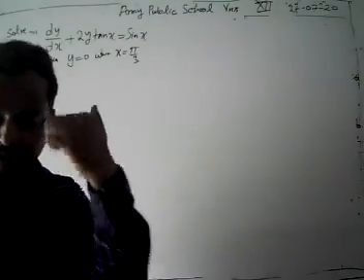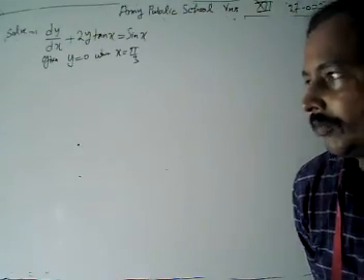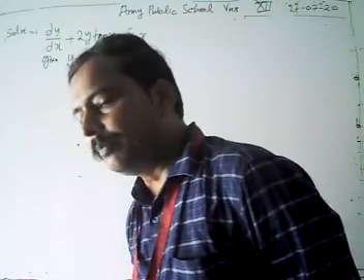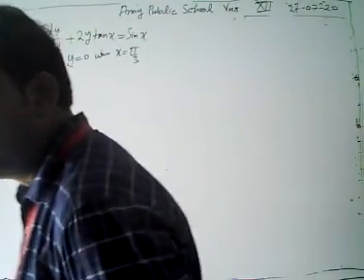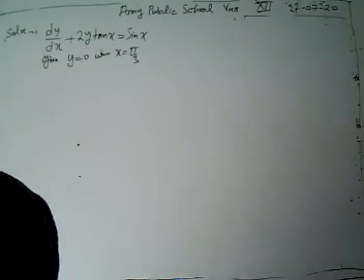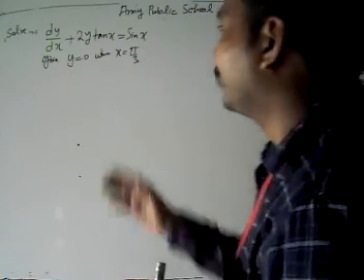Whenever our solution is in terms of C, such a solution is known as the general solution. But when we put the value of y and x, then we get the value of C, and such a solution is known as the particular solution.